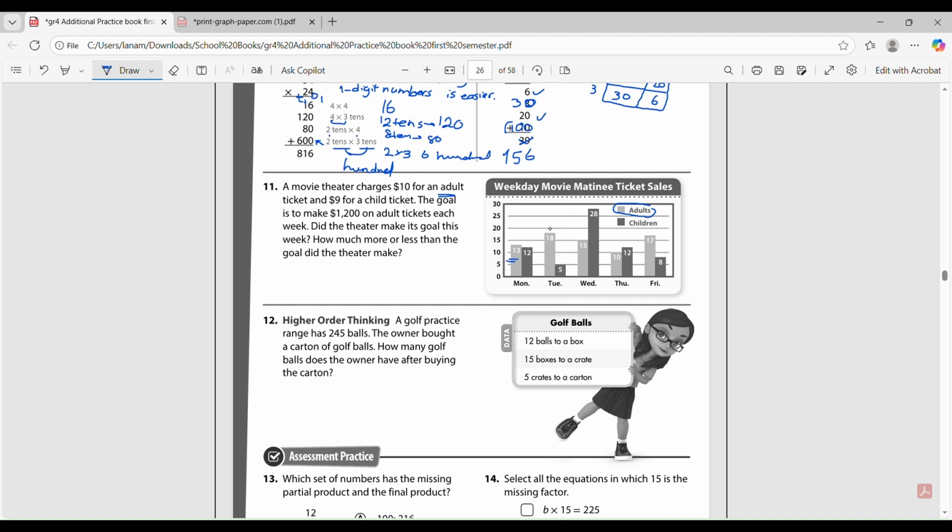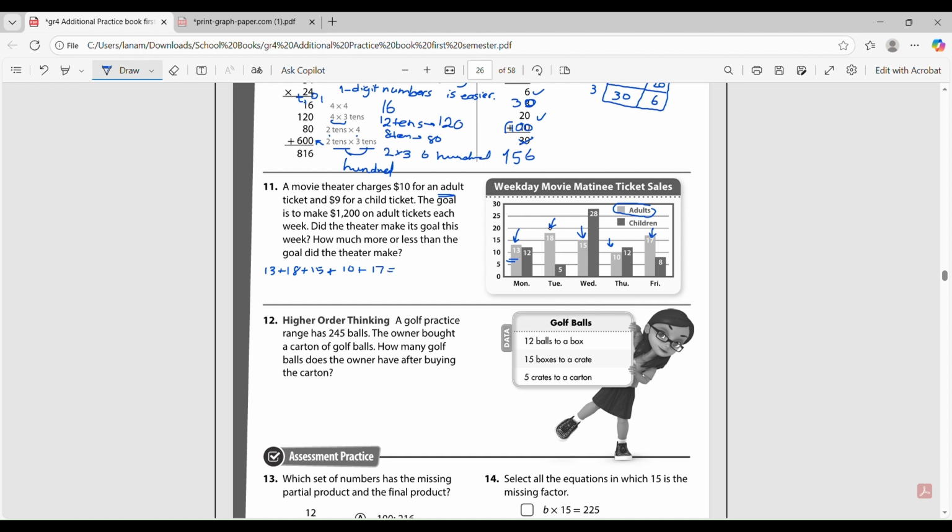I will look at the light gray bars in order to find out how many tickets were sold. Here I have 13 plus 18. I will add them to know the total. So here we have 13 plus 18 plus 15 plus 10 plus 17.